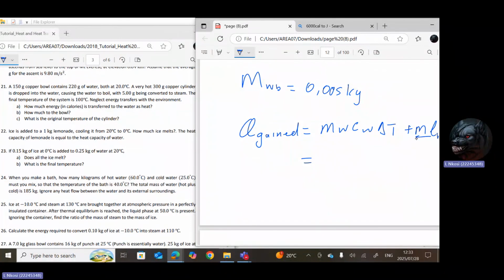That mass is the mass that evaporated, while this is the total mass of the water. This part is talking about the evaporation phase, the 5 grams.